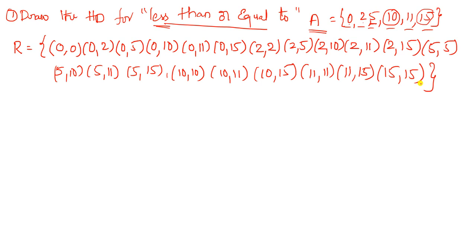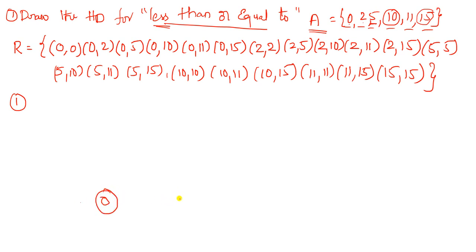So what is the first step we have to follow? First draw the digraph. Okay, so see here, how many elements are there? 0, 2, 5, 10, 11, 15. Just write down the elements first.